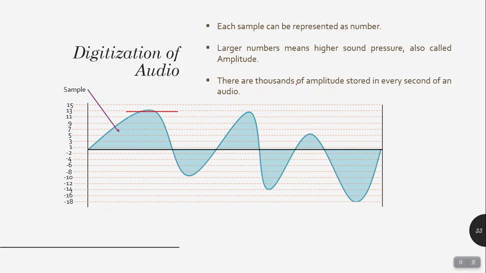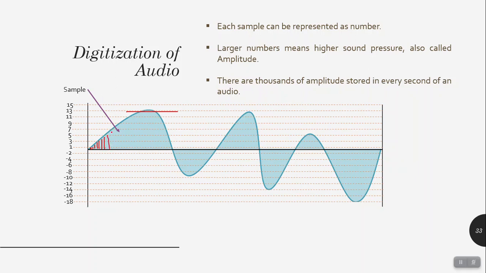And there are thousands of amplitudes stored in every second of an audio. So this is just a sample audio, and each sample can be represented as a number. Say for example, this part is 1. So the more sampling of the audio would result in a good quality of sound.